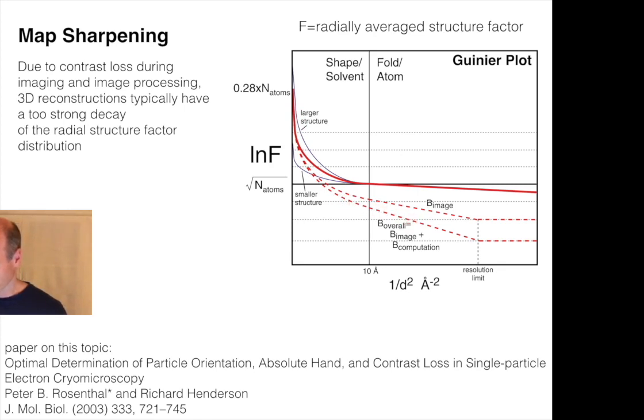This is a relatively strong decay typically, and that means all your high resolution terms will be weighed down, so that the contribution to the density map will be very small.